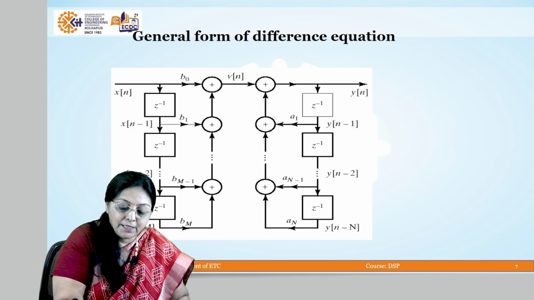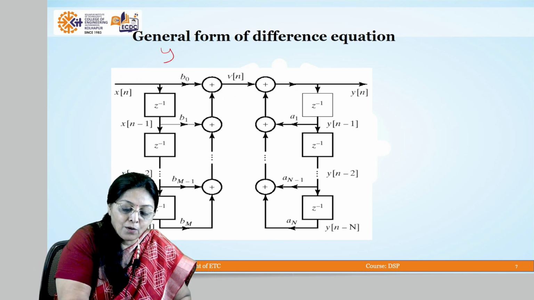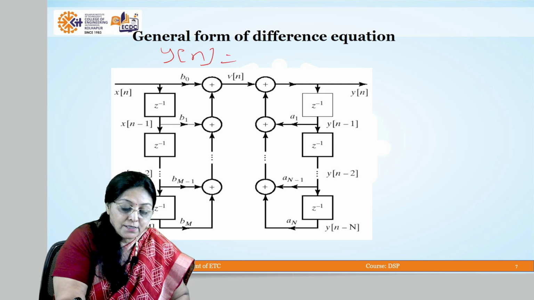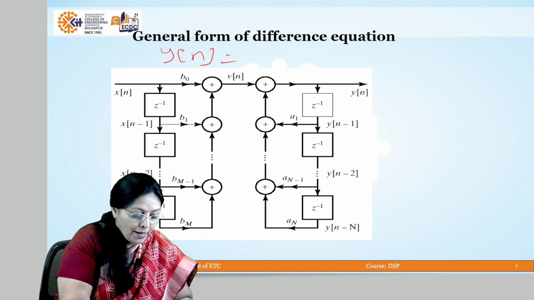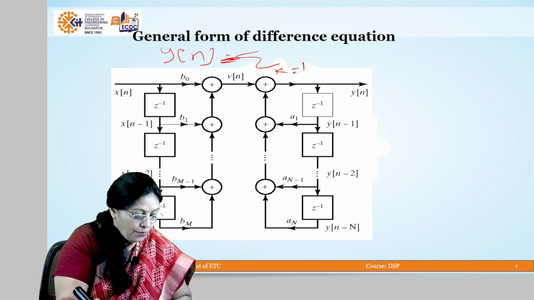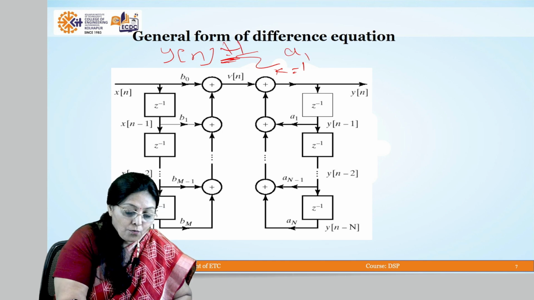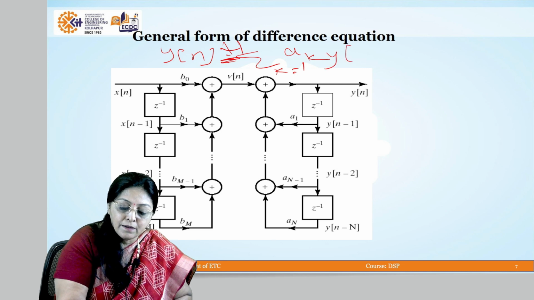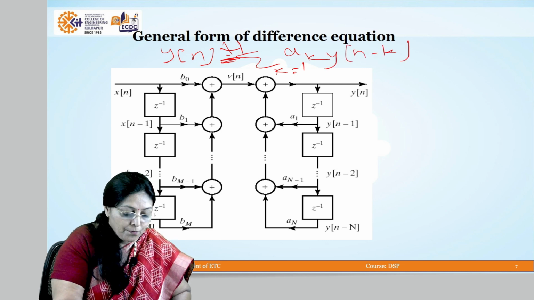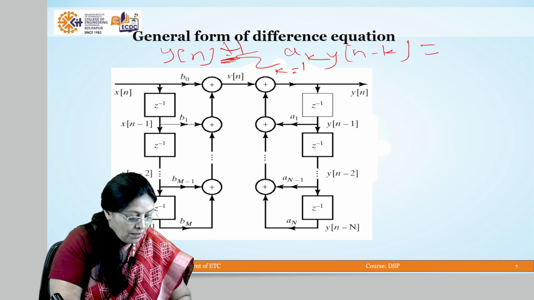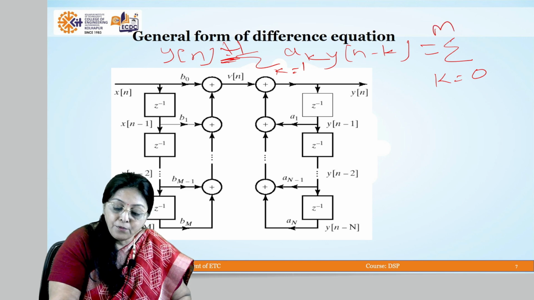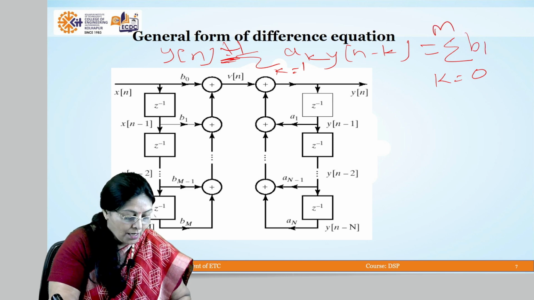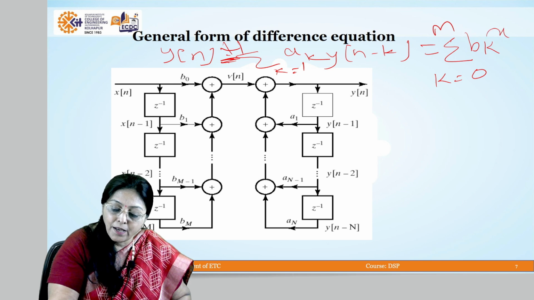Suppose there is a difference equation, we can write y of n plus summation k varies from 1 to capital N, a of k, y of n minus k, which is equal to summation k equal to 0 to capital M, multiplied with the constant b of k, and delay x of n minus k.